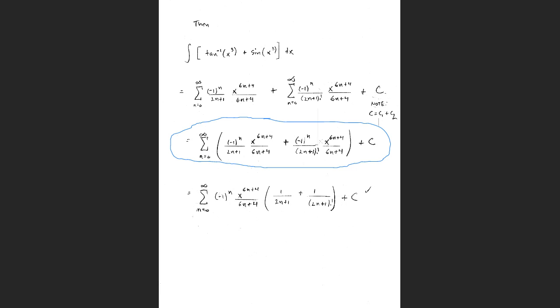And like Felicity's suggestion, combine the constants, C1 and C2. I'll call C1 plus C2 equal to C, and that gets me this power series. Okay, I'll give you a moment to copy that down.